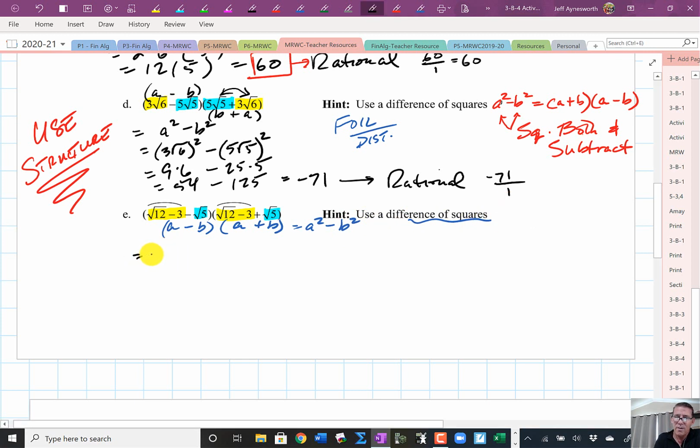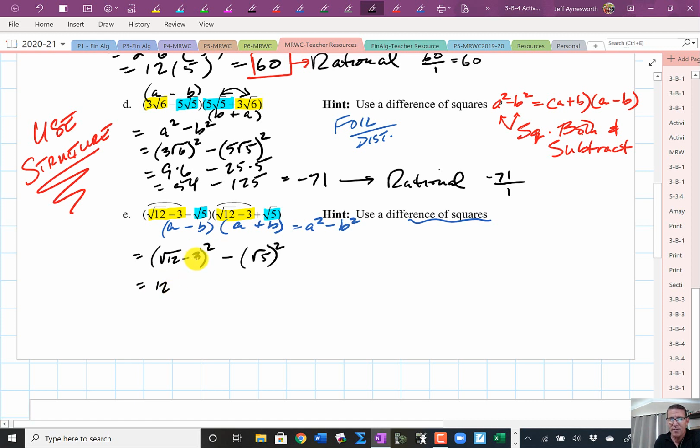So you square the first term, which is root 12 minus 3. You square the next term, which is root 5, and then you see what you get. You square both and subtract, like I said on the previous one. Now when you square a binomial, you square, multiply, double, square, which I've talked about in previous lessons. So you square the root 12 to get 12.